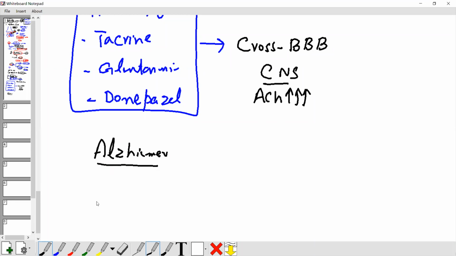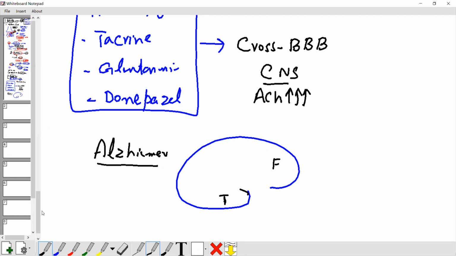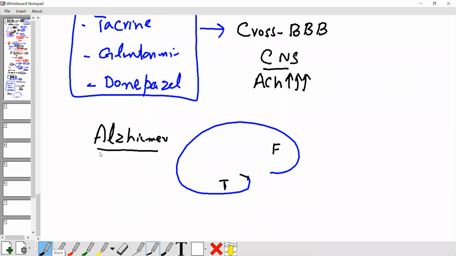What happens in Alzheimer disease? The patient has a problem in the brain, in the temporal lobe and the frontal lobe. These two parts are very important for memory storage. In Alzheimer disease, the patient has two problems. Number one, amnesia.